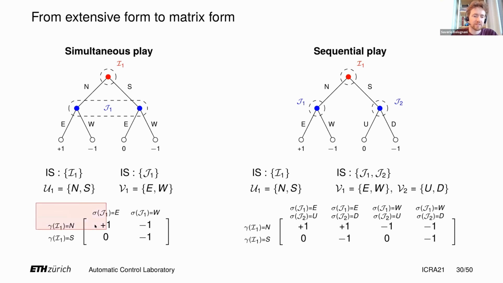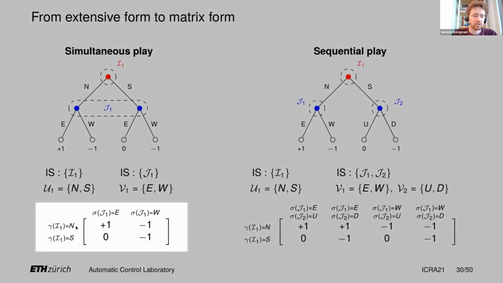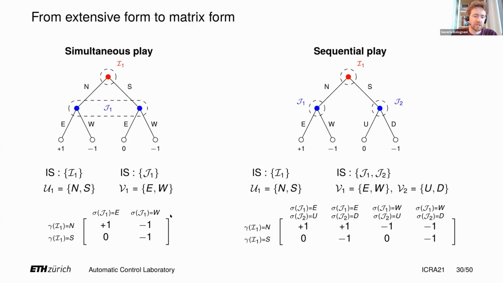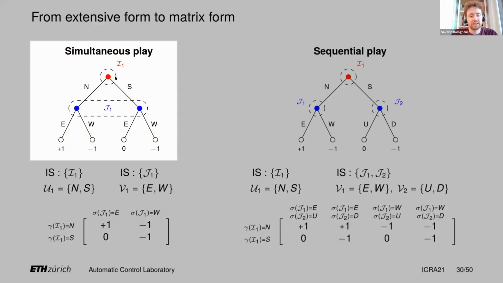So the matrix that we used to see before, right, when you have two actions for player one, north and south, two actions for player two, east or west, can also be in a simultaneous play, so they have to make the decision at the same time, can also be represented as a tree, where player one picks first and decides first, player two decides second, but player two doesn't know whether player one has picked north or south. So for all purposes, this is the same as a simultaneous play. Okay, so the extensive form is a larger set of games in matrix form, right, or in the static games.